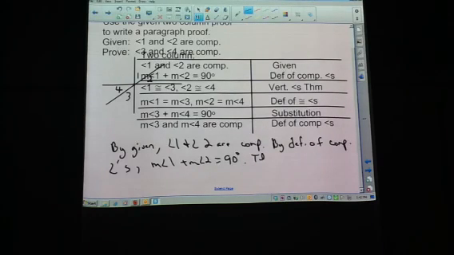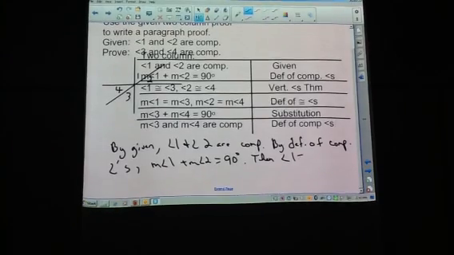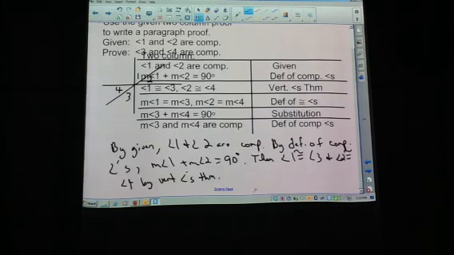And then angle 1 is congruent to angle 3, and angle 2 is congruent to angle 4 by vertical angles theorem. Notice I'm abbreviating a lot, feel free to do that. And then by the definition of congruent angles, the measure of angle 1 equals the measure of angle 3, and the measure of angle 2 equals the measure of angle 4.